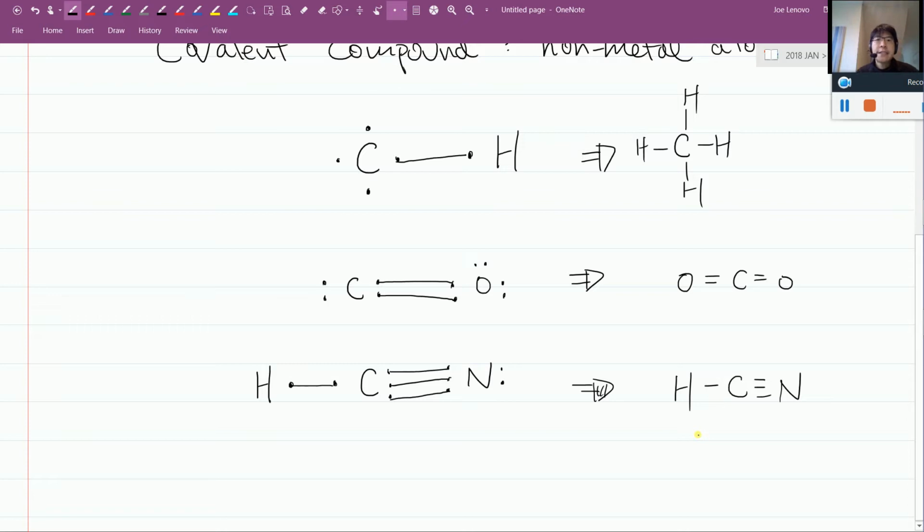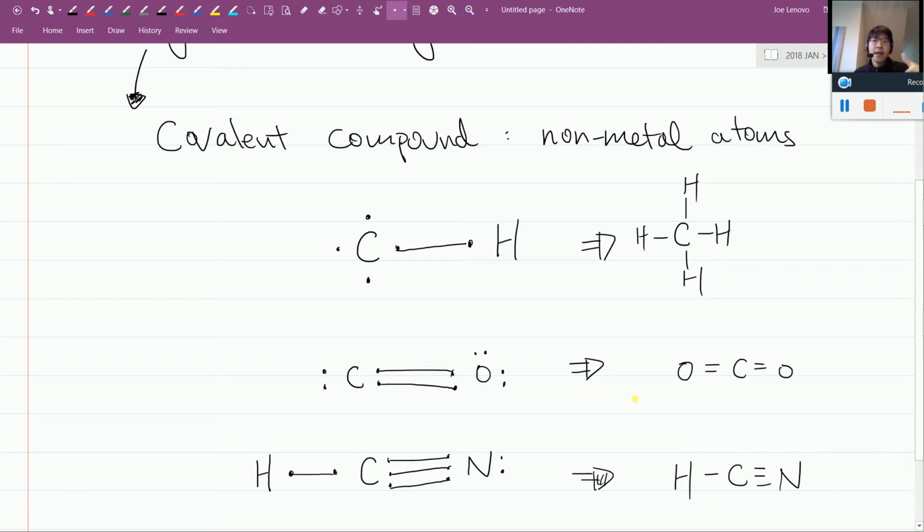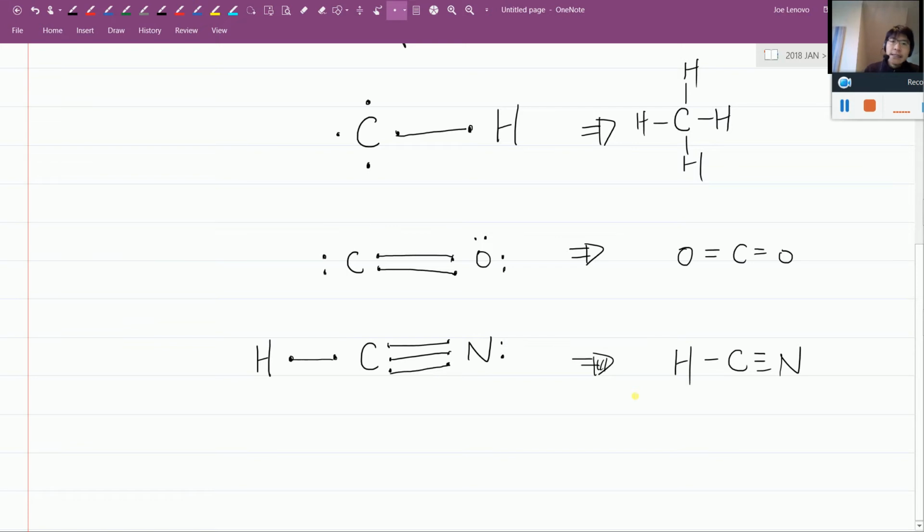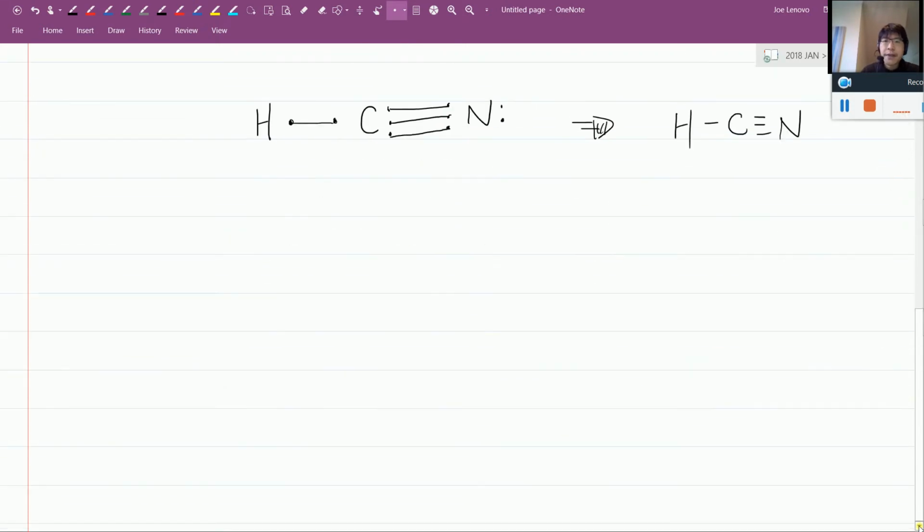So those are 3 simple examples to show you that when carbons form bonds, they form covalent compounds. They share the electrons, and they need to form octets. Achieving octets is very important for carbon chemistry.